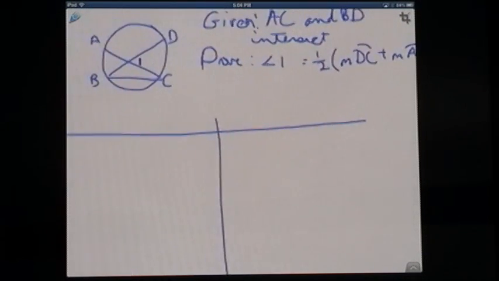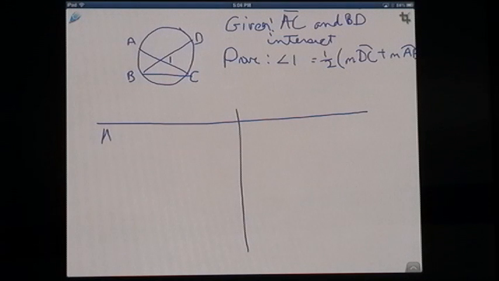Okay. So, of course, you write the given statement because you already know that. And then you're probably looking at that saying, I have no idea what else to do.